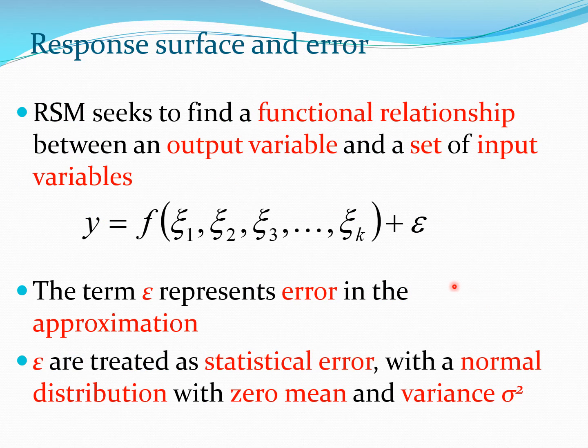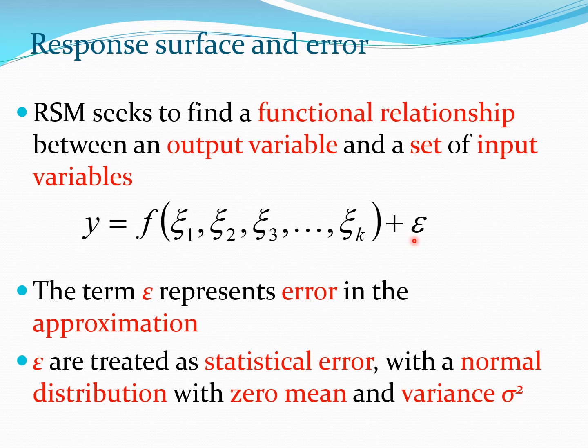So now let's come to the functional description. Essentially, response surface method seeks to find a functional description between the variable y and the set of input variables xi1 to xk, and there is some discrepancy between this function and the real representation, and that we denote by this term.